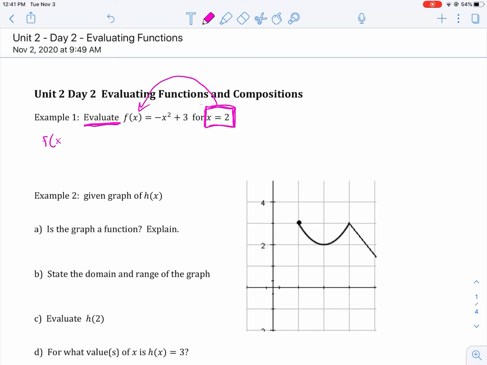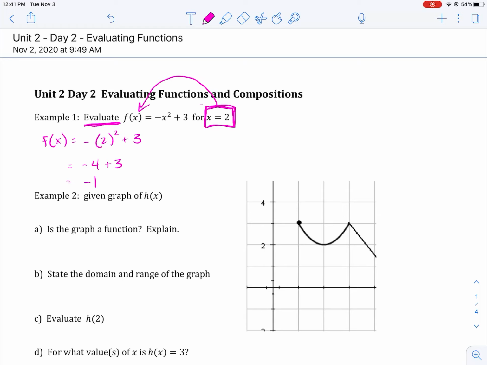So you would write it like this. f of x is equal to negative 2 squared plus 3. 2 squared is just 4. Add those two together and we get negative 1.